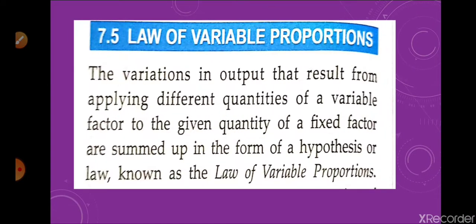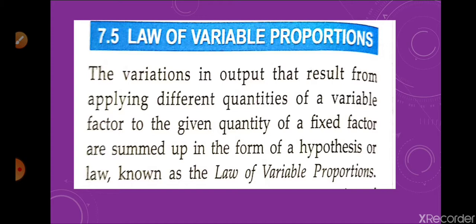First, the law of variable proportions: variations in output that result from applying different quantities of a variable factor to a given quantity of a fixed factor are summed up in the form of a hypothesis known as the law of variable proportion.